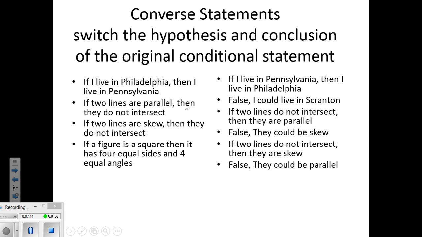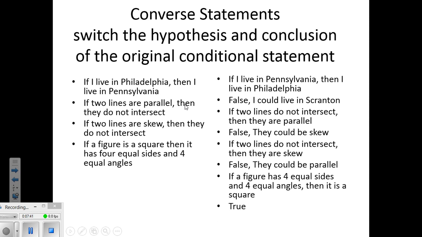And the converse statement is a statement which flips the if and the then component of the conditional statement. So the converse of this would be, if a figure has 4 equal sides and 4 equal angles, then that figure is a square. So that's what we write. And that should be true.